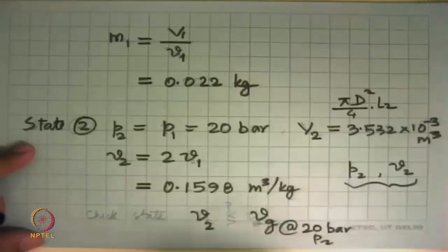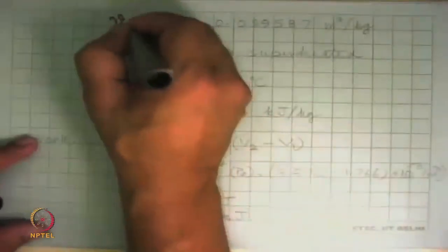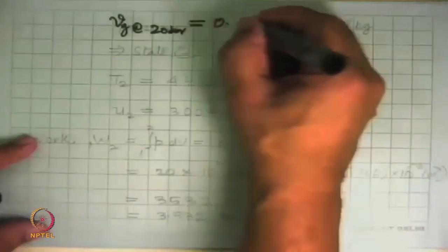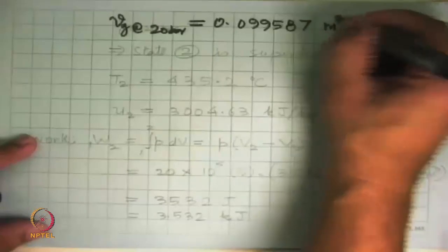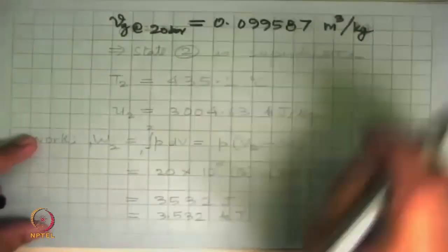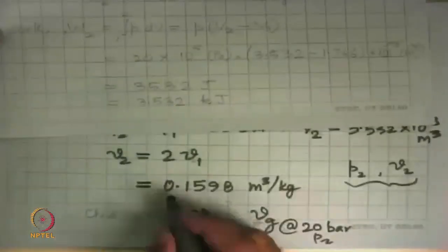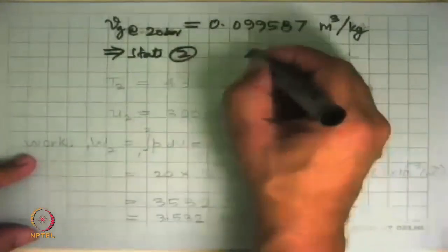So we go to the tables and pick up Vg, and it turns out that Vg at 20 bar is 0.09958 meter cube per kg. And V2, which we just calculated, was 0.1598, which is more than this. So this means state 2 is superheated.